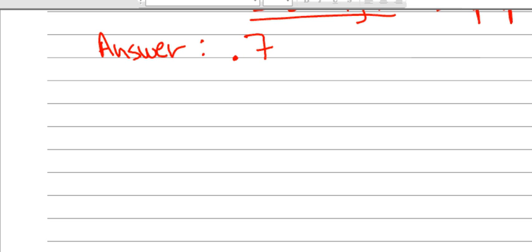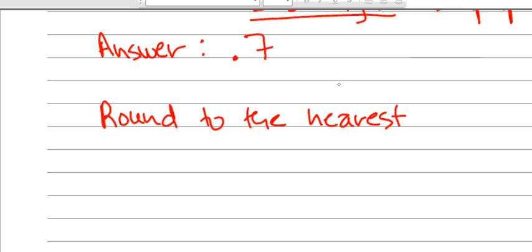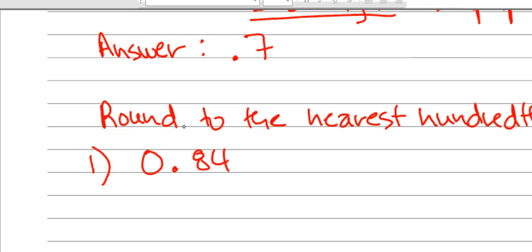Let's try another one. Let's round this one to the nearest hundredth. Who's sitting in the hundredth spot? Again, if you need to know that, you can go to page 409, if you're not familiar with the place values yet. The 4 is sitting in the hundredth spot.